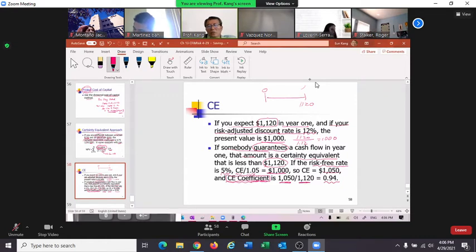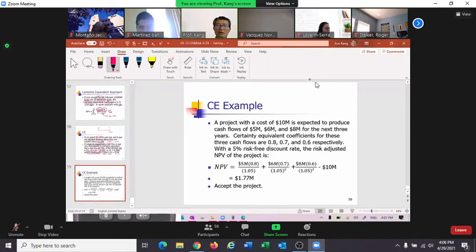So you will be indifferent between getting 1120 risky cash flow and getting 1050 risk-free cash flow, right? That is how to calculate certainty equivalent and certainty equivalent coefficient, right? And then, given that knowledge, our final slide is this.